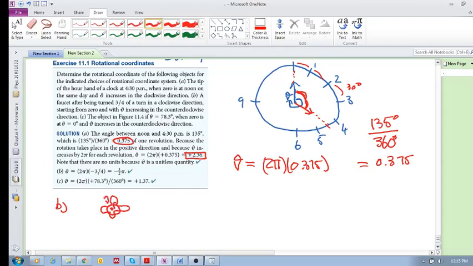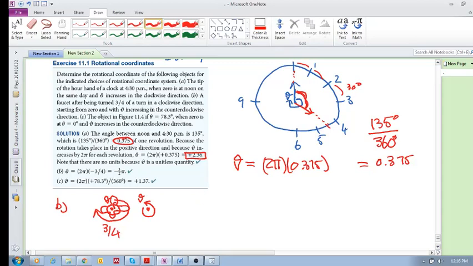And then we draw our coordinate over there. So there's your theta. It's going counterclockwise as positive, but the tap turns clockwise. This guy turns 3/4 clockwise.